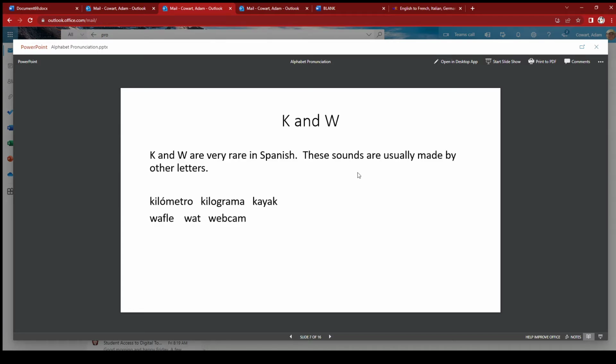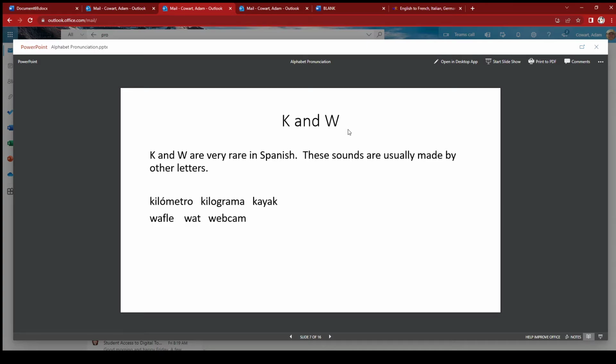Now, K and W in Spanish. K and W are very rare in Spanish. These sounds are usually made by other letters, okay? For example, a K in Spanish many times is used as CU, like in the word, a QU, like in the word quien, and a W is usually done with a GU, like the sound a dog makes, which is wow, wow, wow.